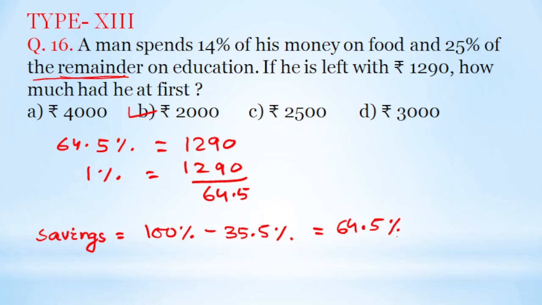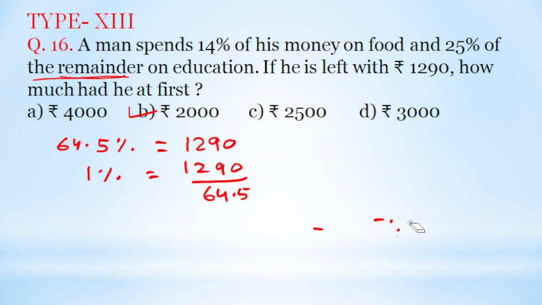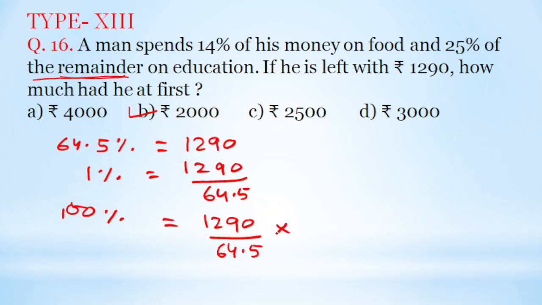Again, 100% is equal to 1290 divided by 64.5 into 100.